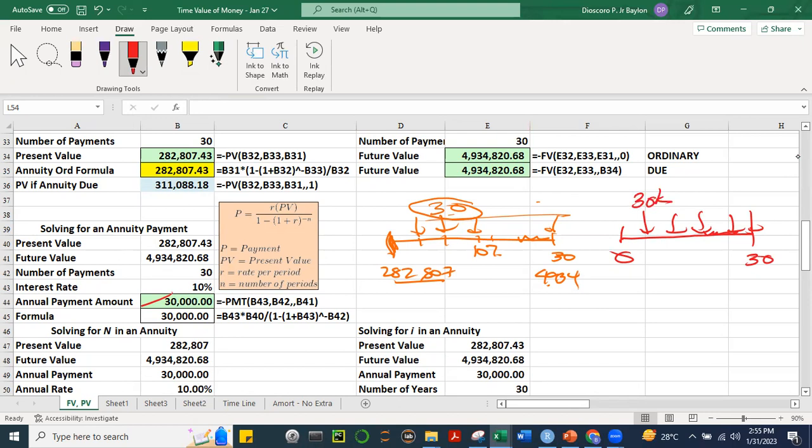Assuming it's 10% interest, the equivalent cash flow to this annuity of 30,000 for the next 30 years is this one. How much was that? 282,807.